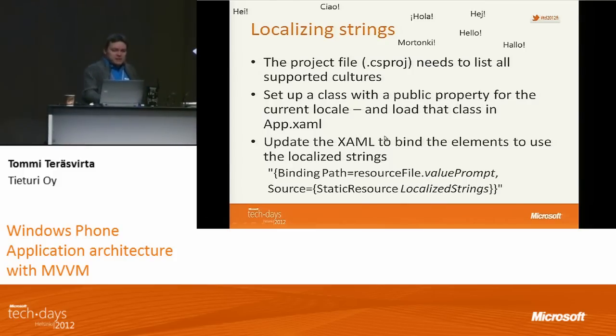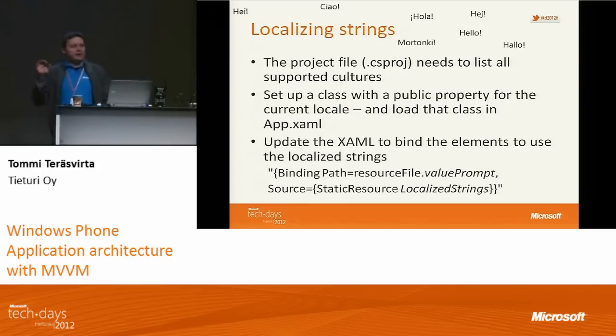So we'd have this set up. And then you also need to go into your project file. So in the project file, you need to list in a place with a tag supported cultures. You need to list all the additional languages, not the neutral one, but all the additional languages you list in there.